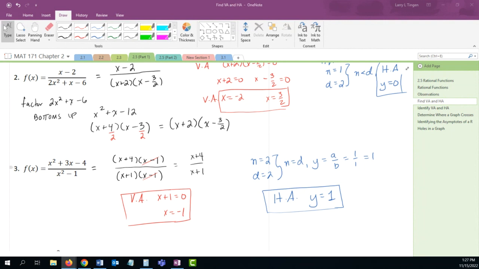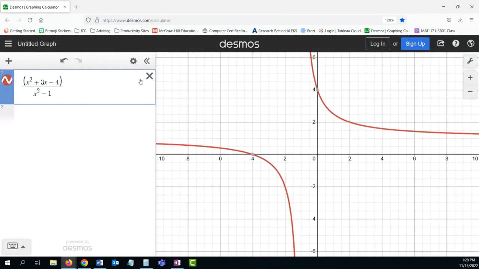Now, let's try to wrap our head around some visualization of what's happening here. I'm typing in our function from that last problem: x squared plus 3x minus 4 over x squared minus 1, right? There's only one vertical asymptote here.